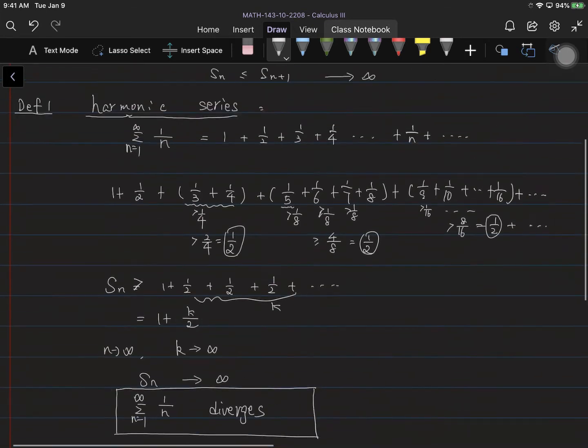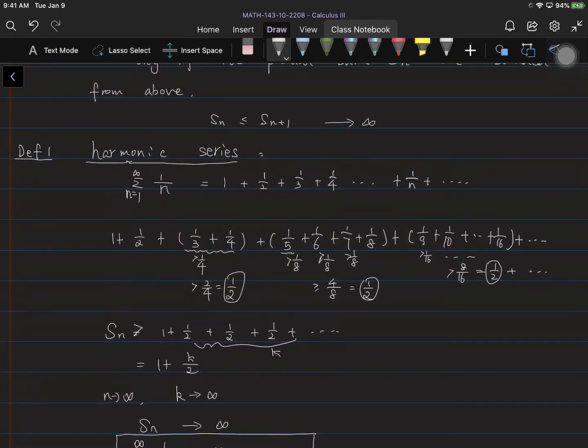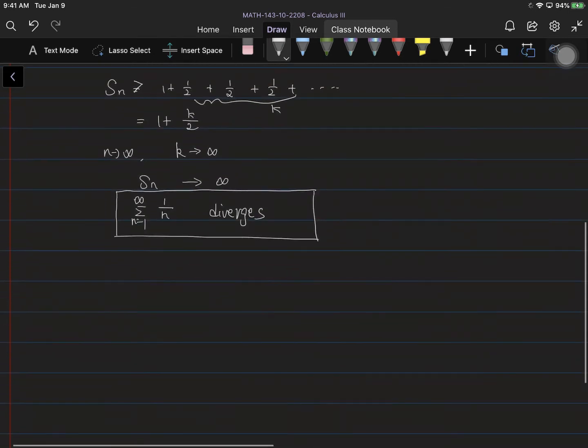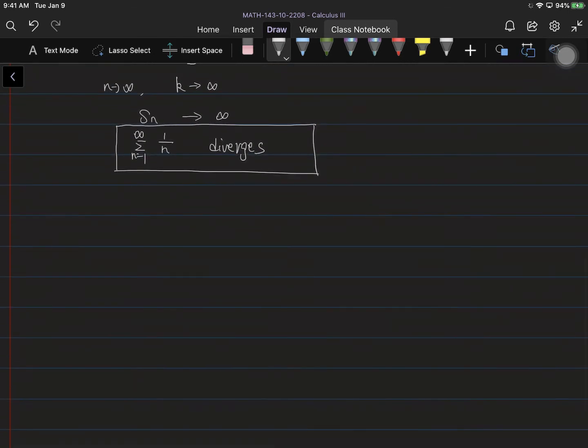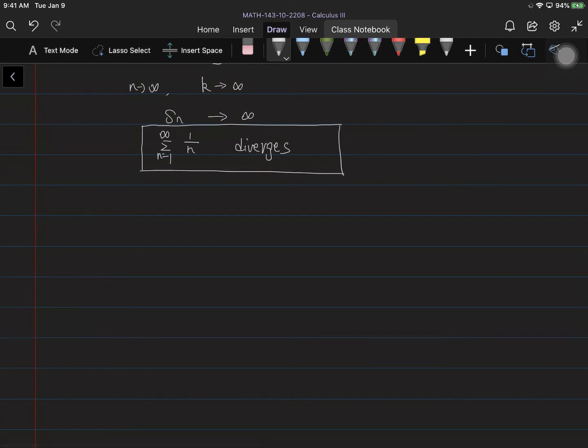You just need to know what the harmonic series is and that it diverges. We can also call this example 1: the harmonic series. Keep in mind the harmonic series diverges. Next, let's take a look at Theorem 2, which is the integral test.